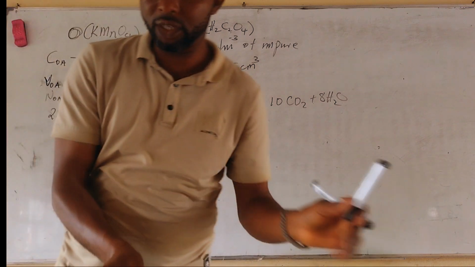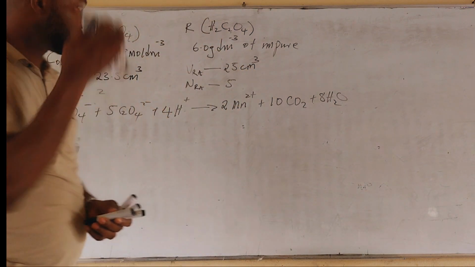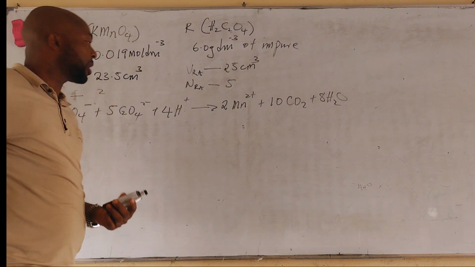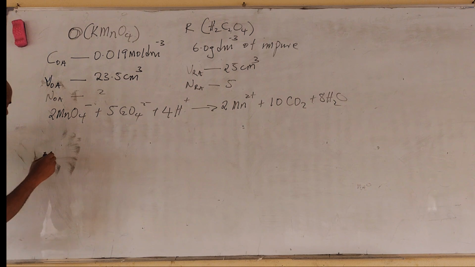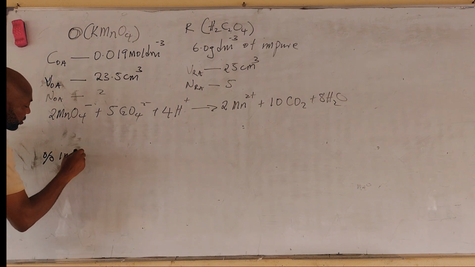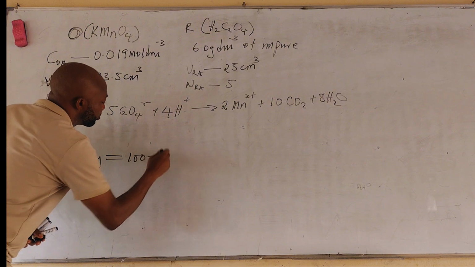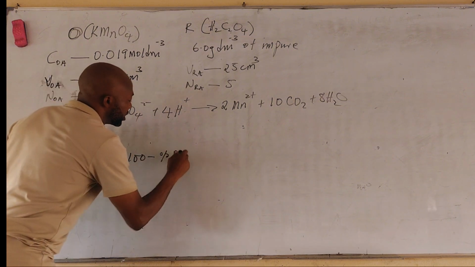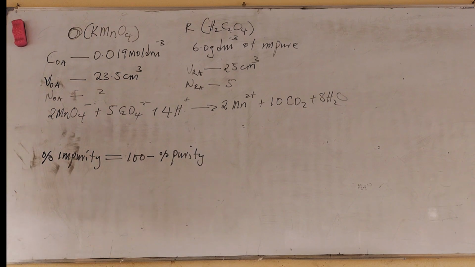So let's go straight to percentage impurity. Remember, I said the formula for the percentage impurity is equal to 100 minus percentage purity. Which means that we must know our percentage purity.